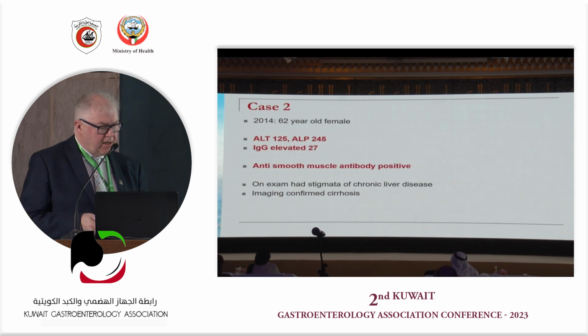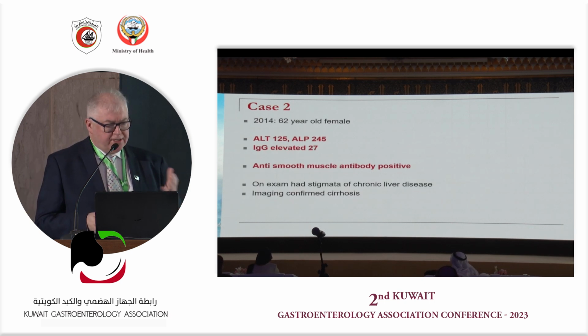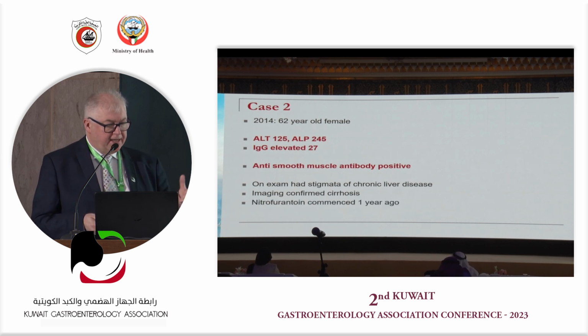A second case, quickly, a lady, 62-year-old, AST and ALT elevated, smooth muscle antibody positive, stigmata of chronic liver disease and cirrhosis, and a history of nitrofurantoin exposure for a year.